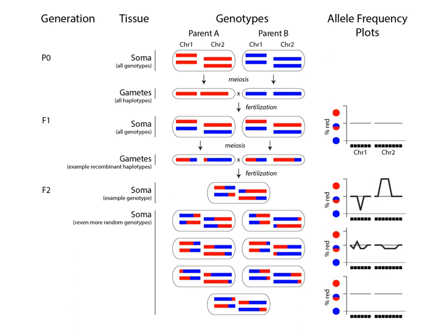So now I'm going to switch and show you an example of what happens when there is selection on a particular combination of loci. So for the purposes of this example, let's say that it's really, really bad for your health if you happen to be a hybrid that has the blue alleles on the right end of chromosome 1 and the red alleles on the left end of chromosome 2.